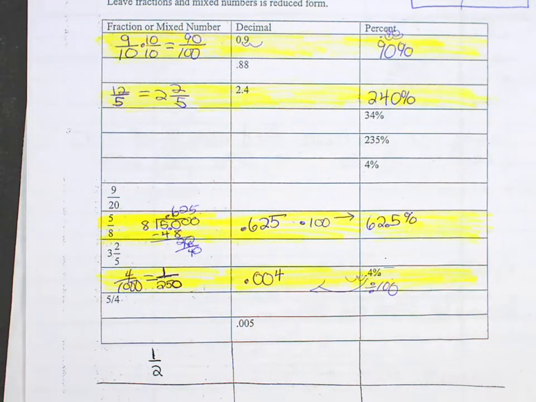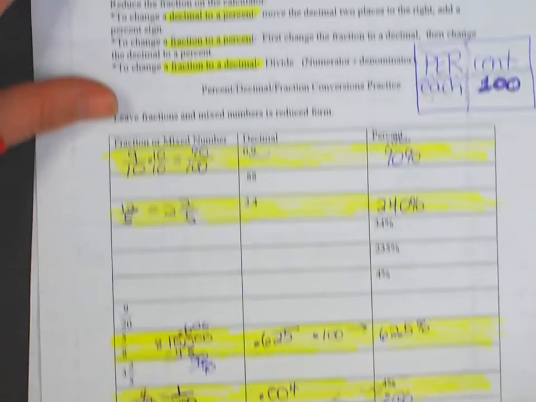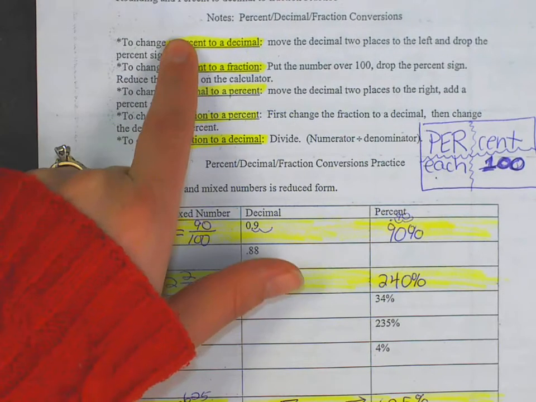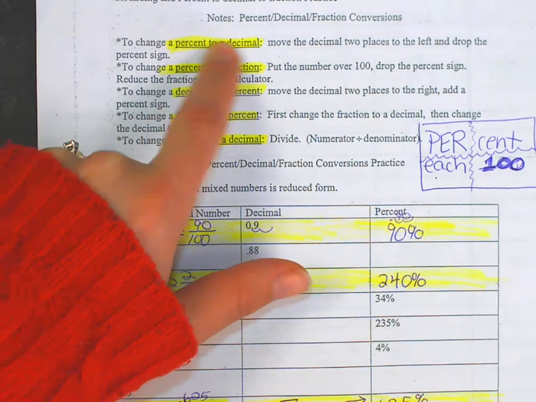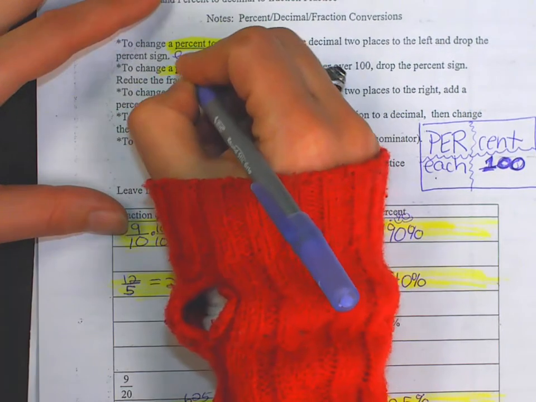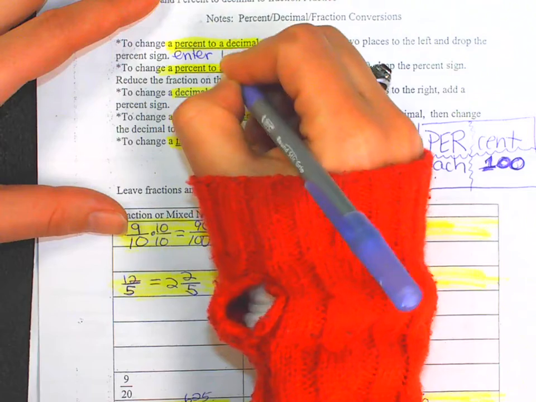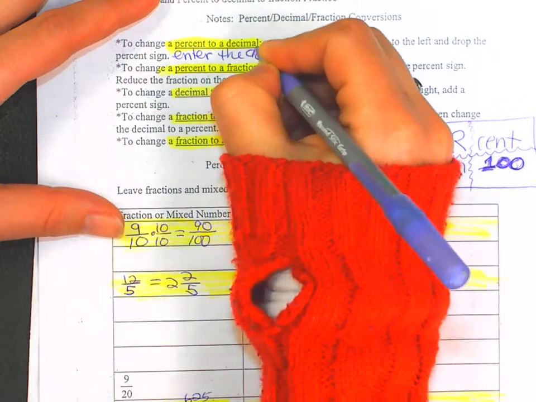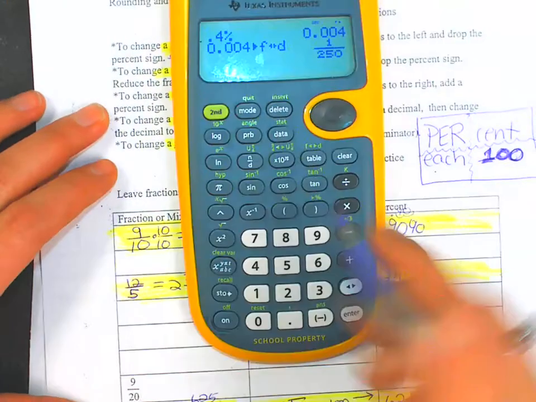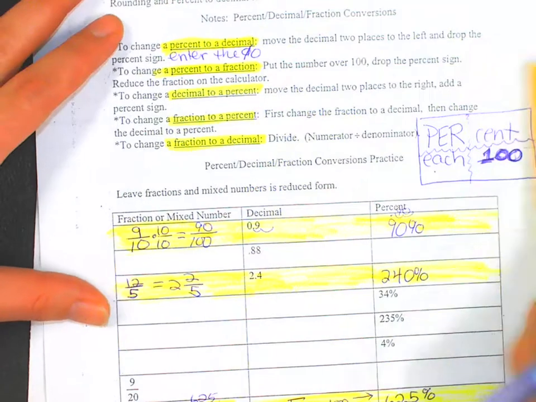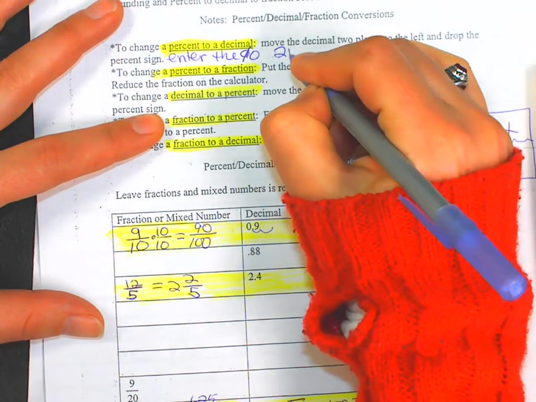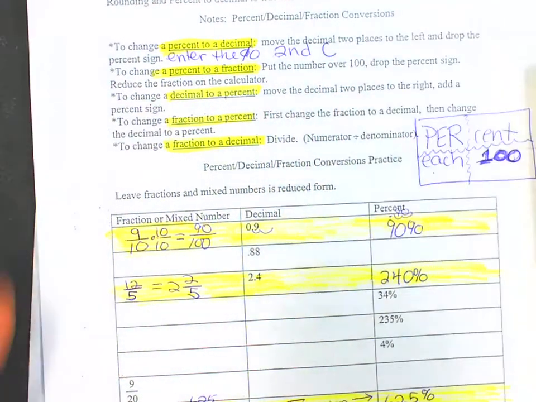So you're going to do the rest of these on your own, but let's go back to this for a second. When I want to change a percent to a decimal, just enter the percent. And when you want to do percent, it's second left parenthesis.